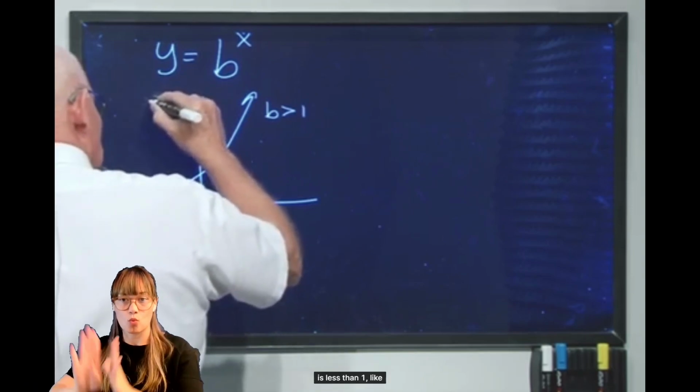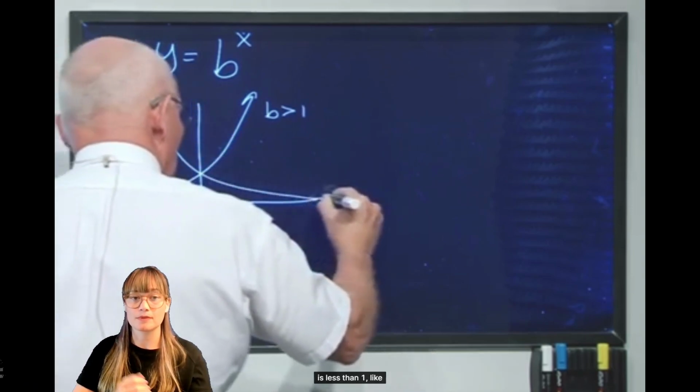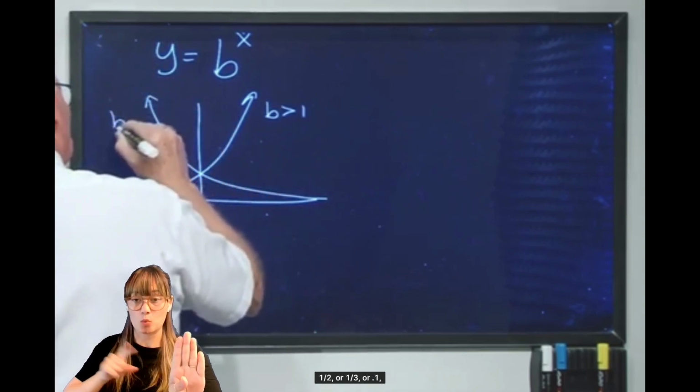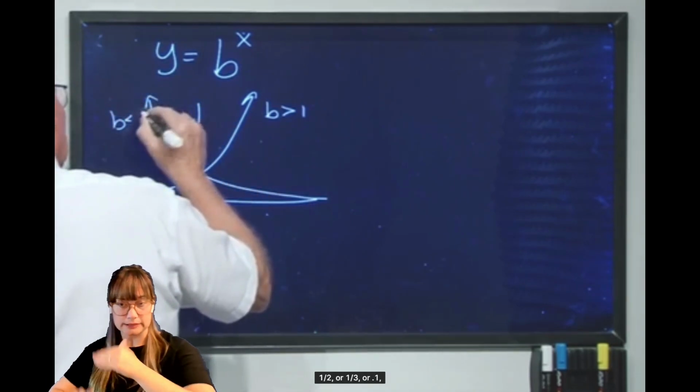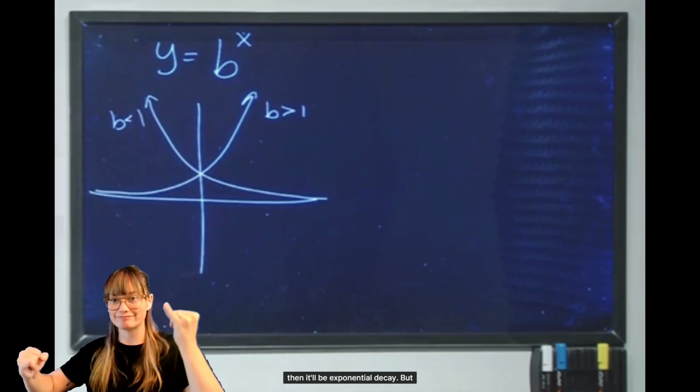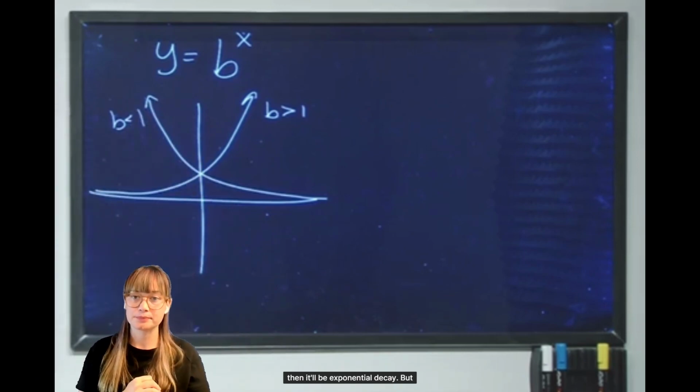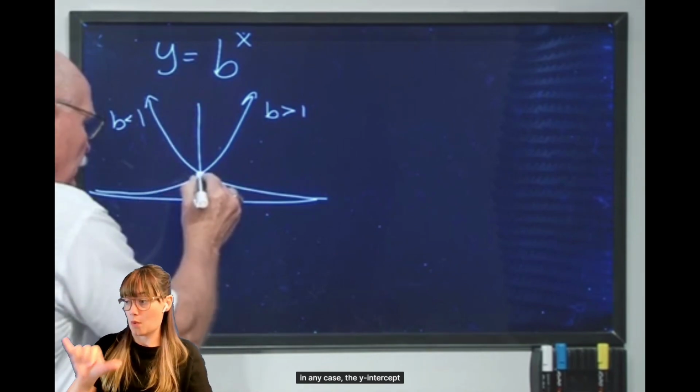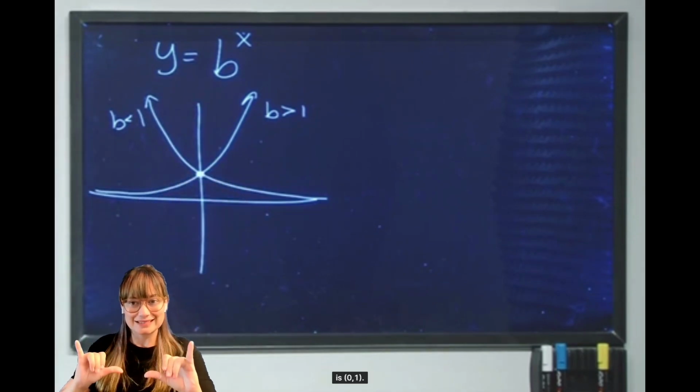But if b is less than 1, like 1/2 or 1/3 or 0.1, then it'll be exponential decay. But in any case, the y-intercept is 0, 1.